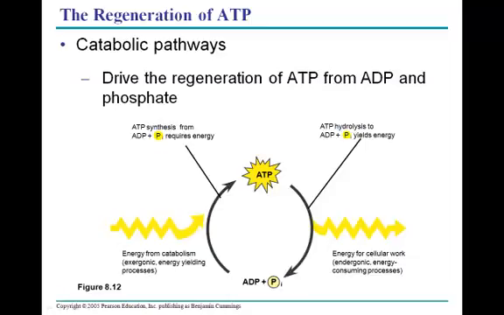Then you need to regenerate these ATP molecules, doing so with energy from catabolism, the breakdown of other molecules, which ultimately forms ATP. And so this is just a quick foray into what metabolism is and the key molecule in the cell for energy production.